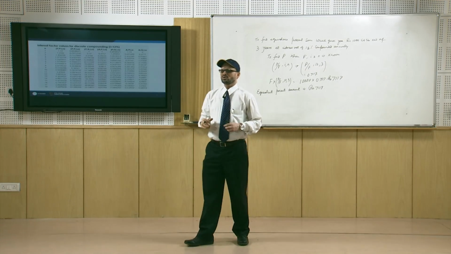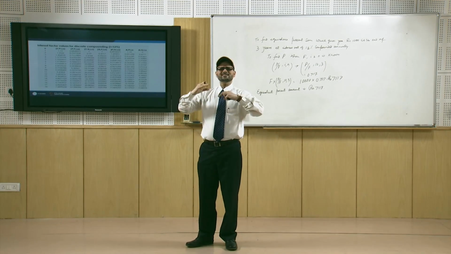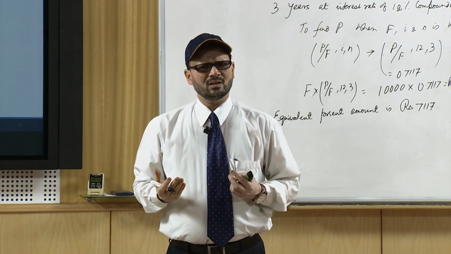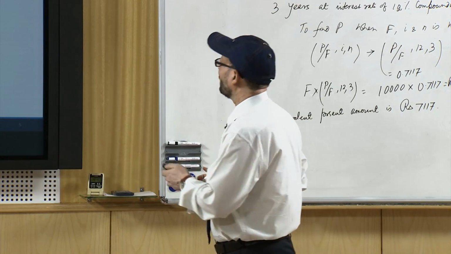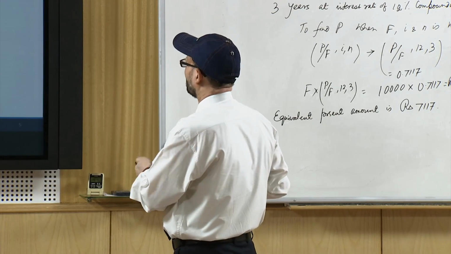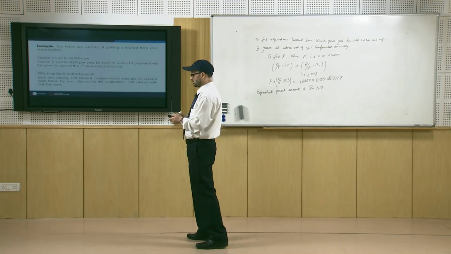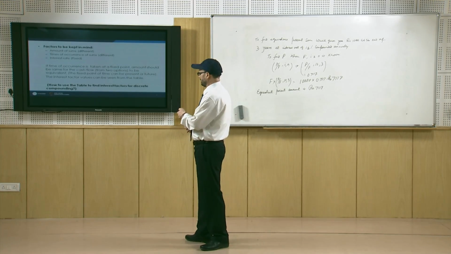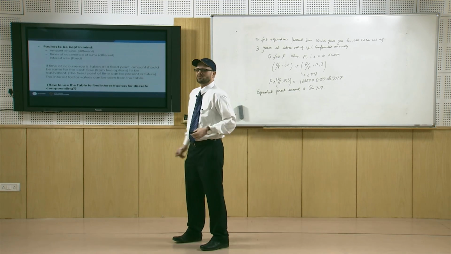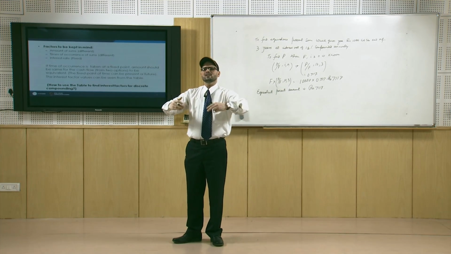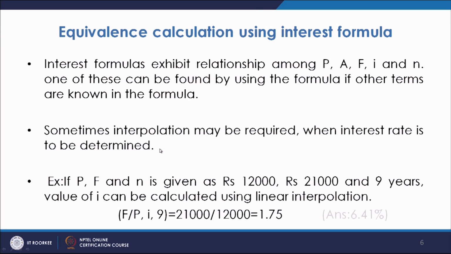So, this is how you use these interest factors to find one of these A, P, I, N and F from the data given to you. Now, next is when you have to calculate the interest, you may have to go for interpolation.